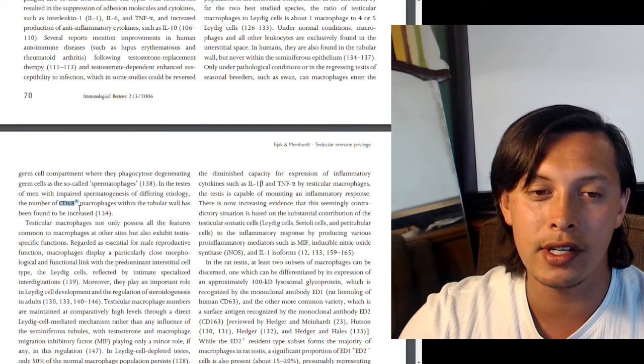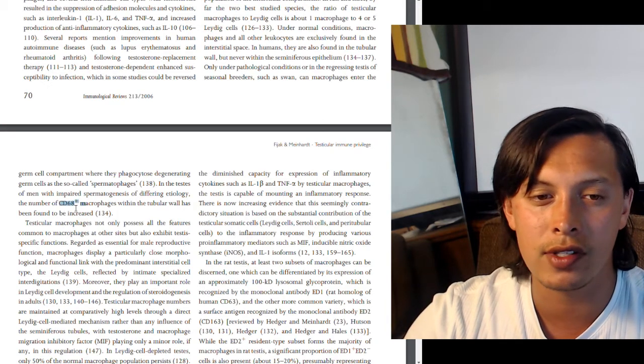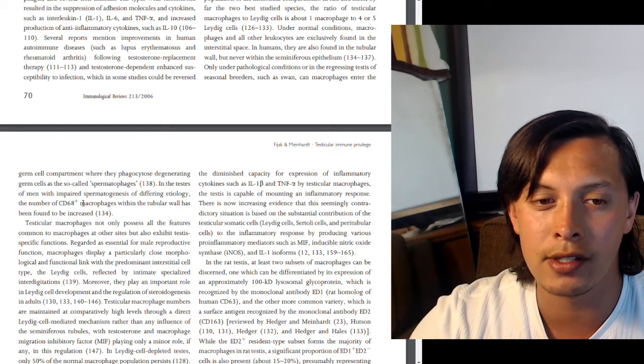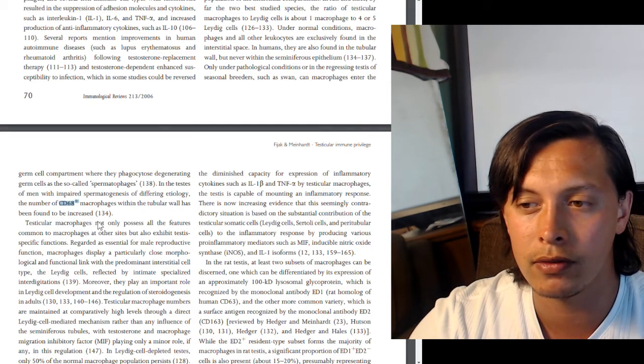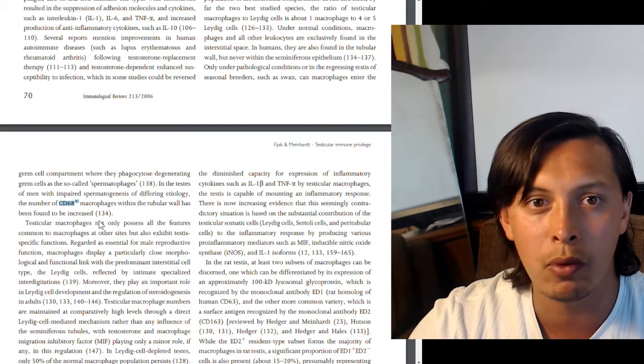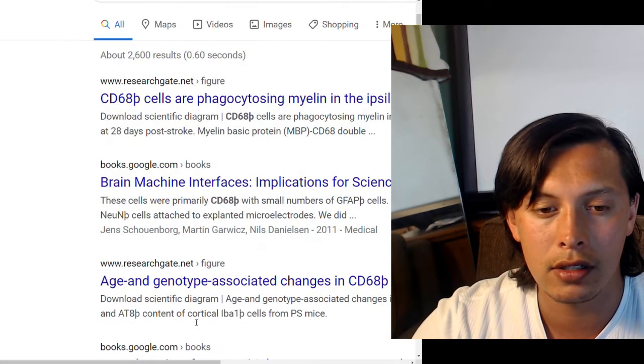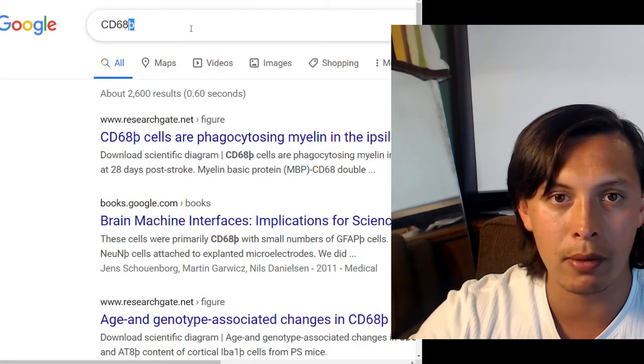And the CD68 positive, I'll look this up, but this probably just means that 68 is one of the receptors that they have, but we'll look it up.